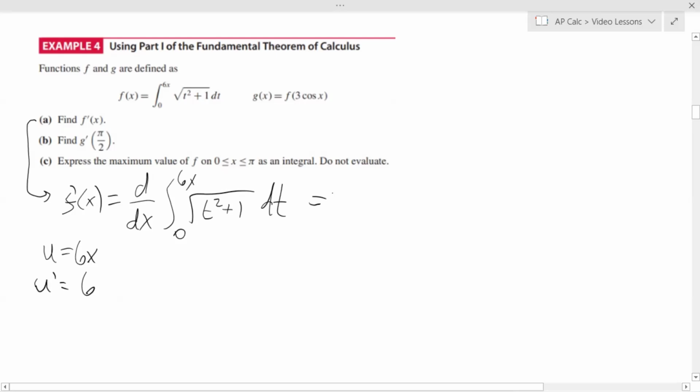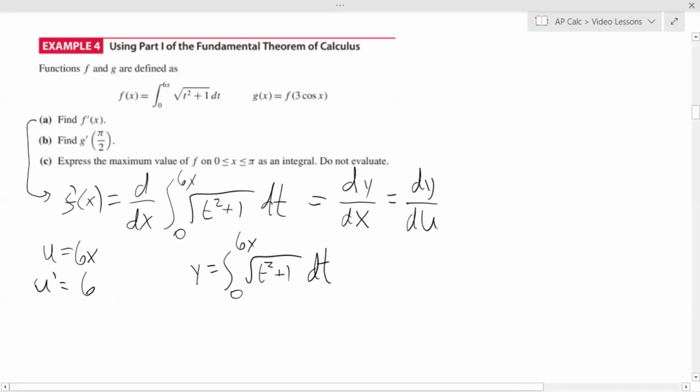It helps me if I think of this as y equaling the integral from 0 to 6x of root (t squared plus 1) dt, then dy dx is equal to dy du times du dx.